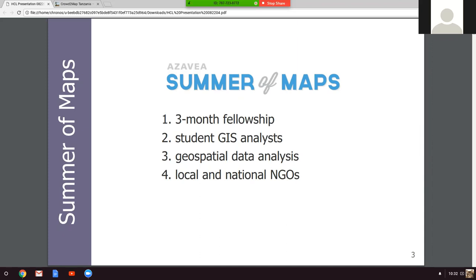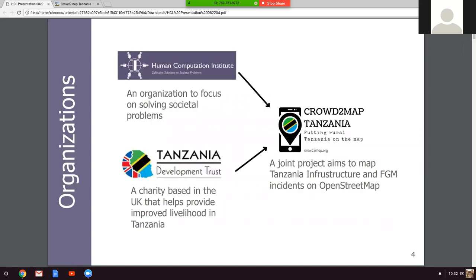The Azavea Summer of Maps is a 3-month fellowship where student GIS analysts conduct geospatial analysis for local and national NGO projects. This summer I'm working with the Human Computation Institute and Tanzania Development Trust.